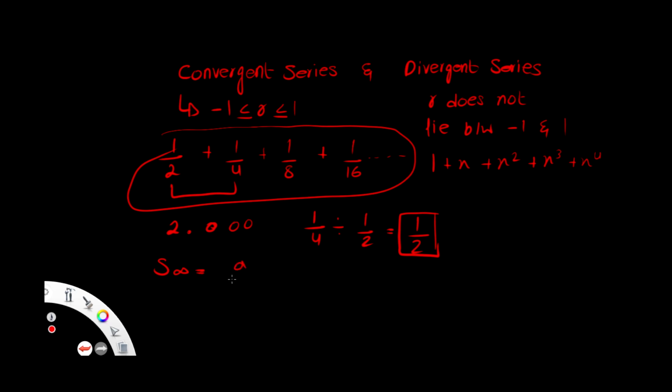How do we do that? a upon 1 minus r equals 0.5 upon 1 minus 0.5, which is going to give us 1. So if we keep adding this series, eventually it will lead to a number very, very close to 1.